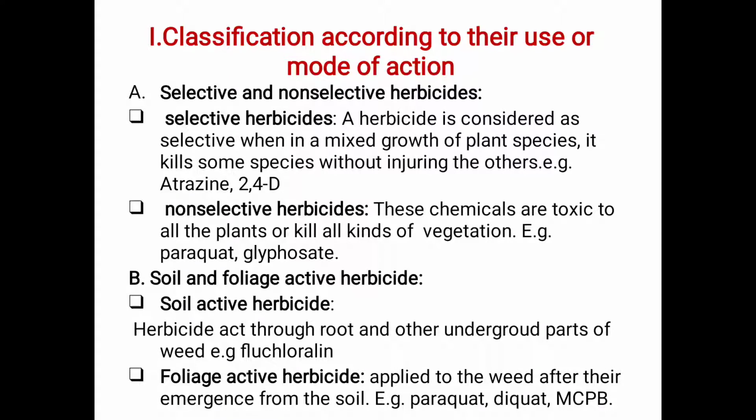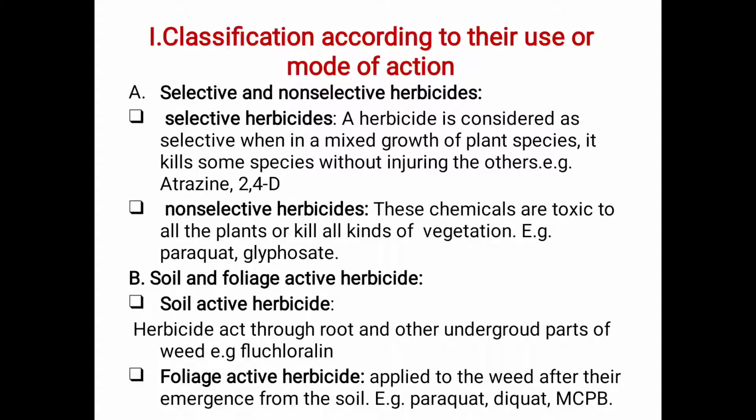This group of herbicides is very safe to the crop for which it is recommended, and kills the weeds without harm to the crop. This herbicide can be soil applied or foliar applied. Certain selective herbicides, when applied at a very high rate, act as non-selective herbicides, for example atrazine or 2,4-D.